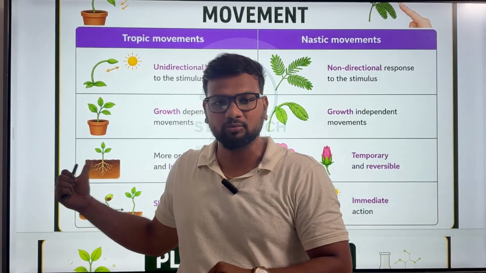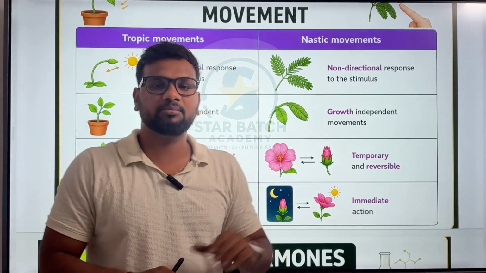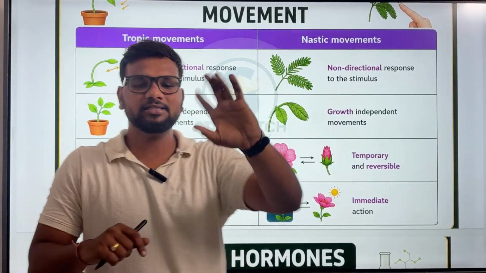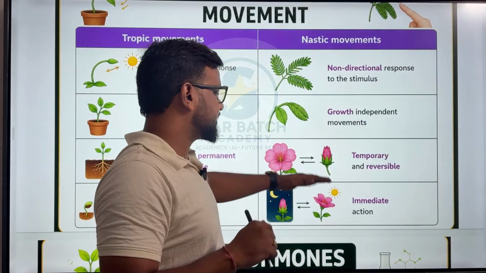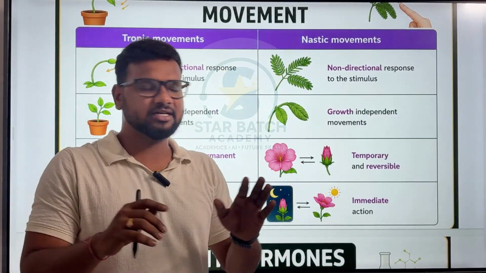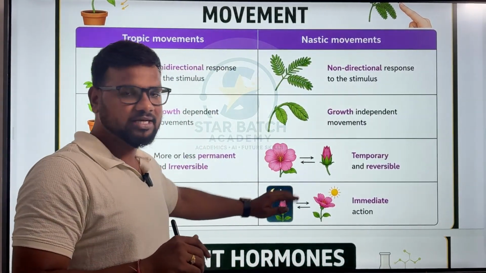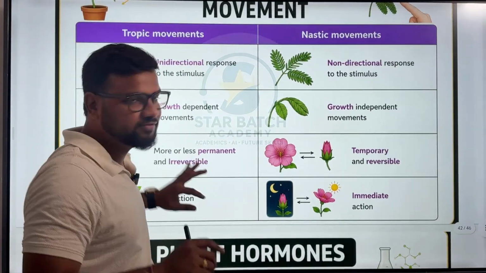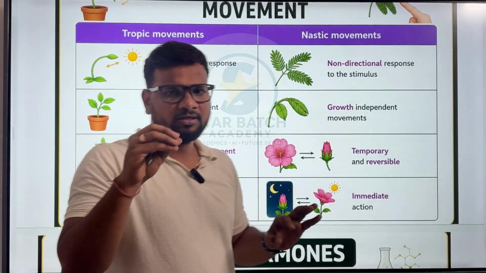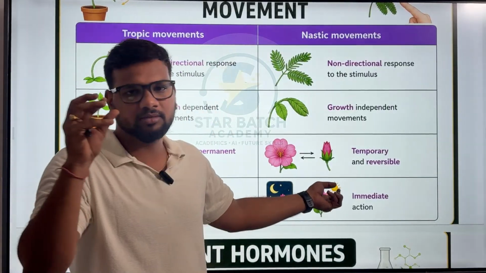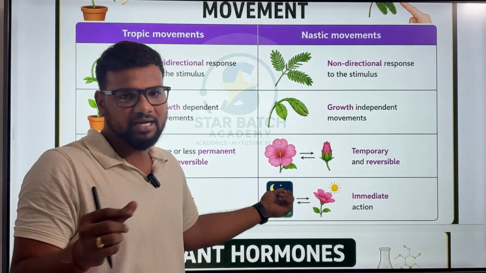Tropic movement is not reversible, but in this case it is reversible. And next, it is an immediate action according to the stimulus. For example, some flowers blossom in the day and some at night.